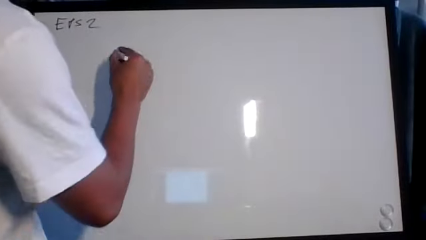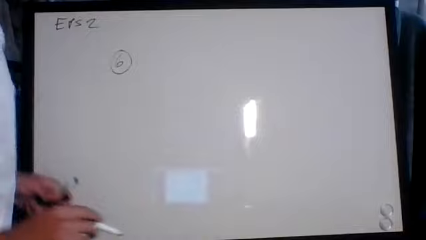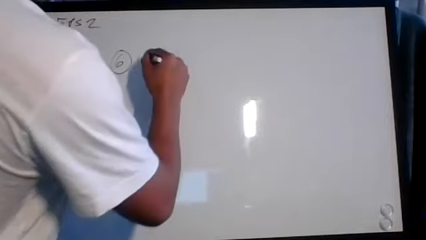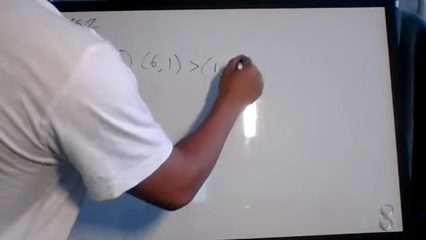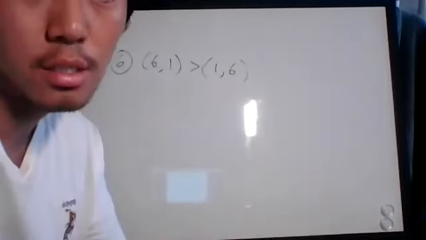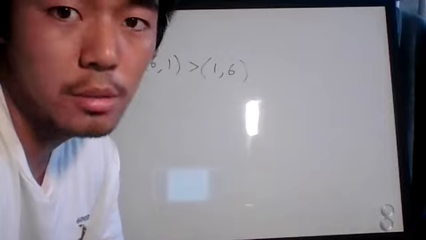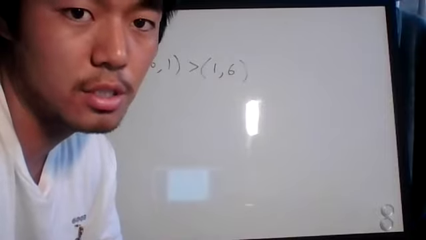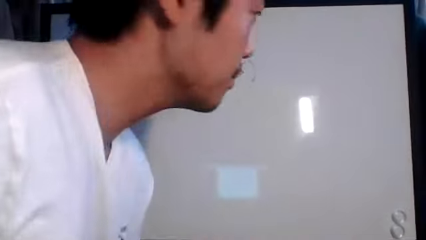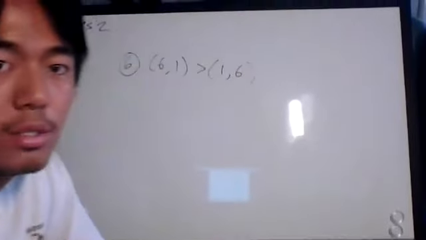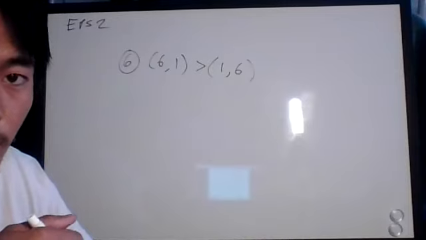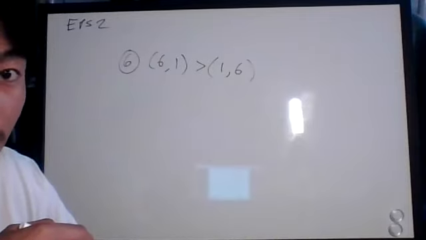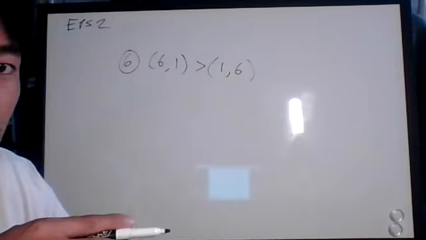Moving on from there, let's go to problem 6, where we're given that the bundle 6-1 is preferred to 1-6. They're asking which perfect complements utility function is consistent with this preference. Immediately we can eliminate all of the answer choices that don't have a min function, so A and C right away can be eliminated.